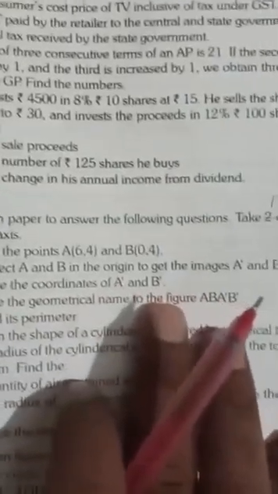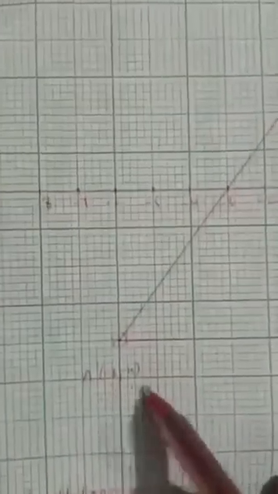So these are the points which we get after reflecting A and B in the origin. Now in the third part they are asking to write the coordinates of A dash and B dash. So the coordinates of A dash are (-6, -4) and B dash is (0, -4).